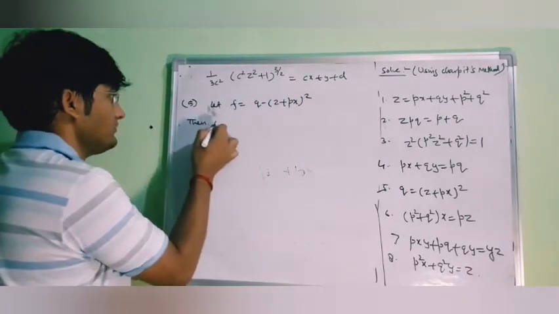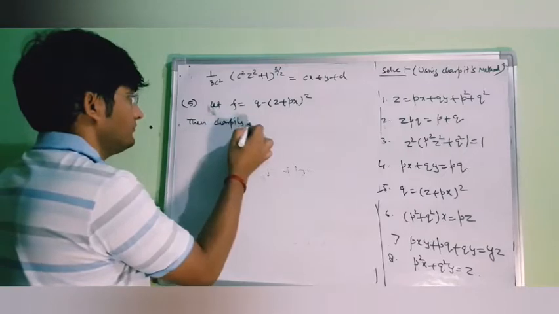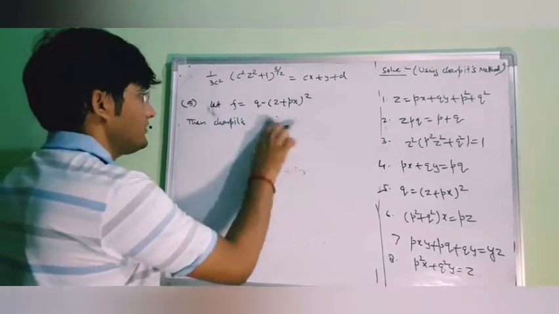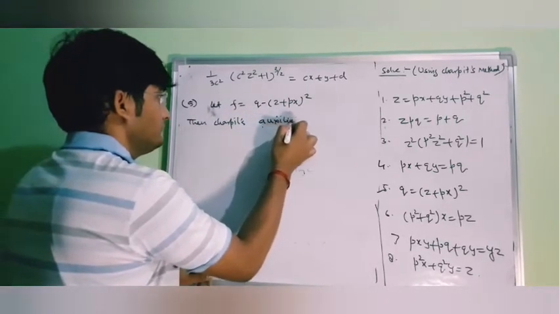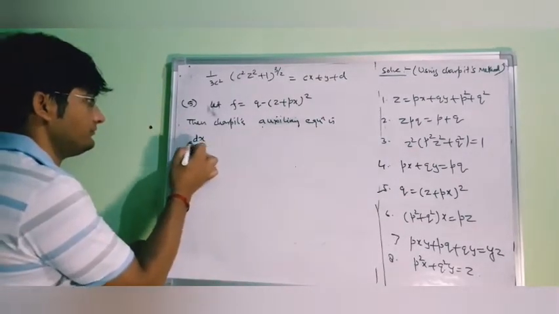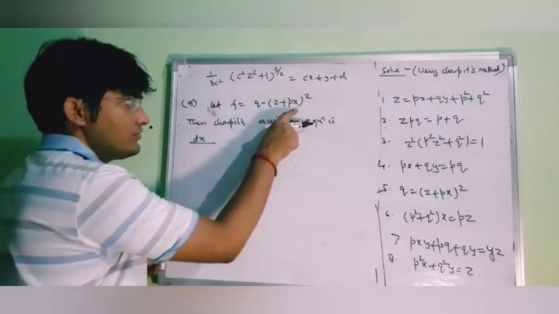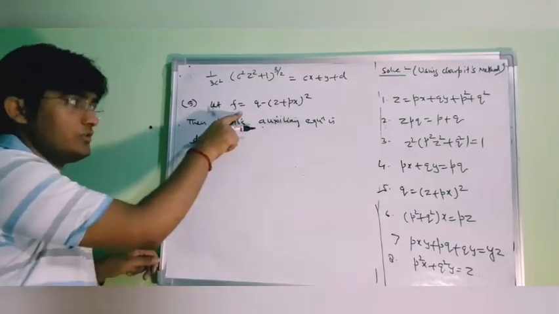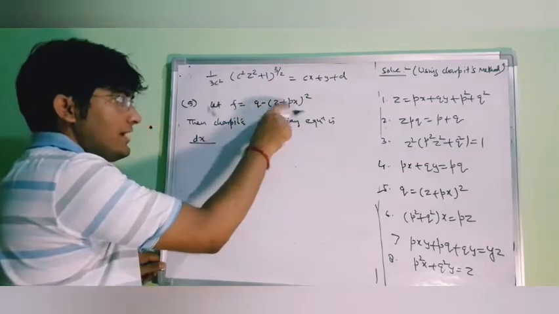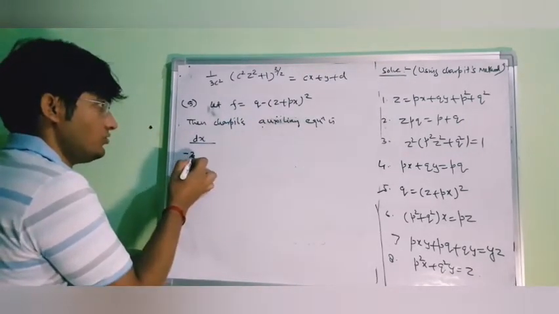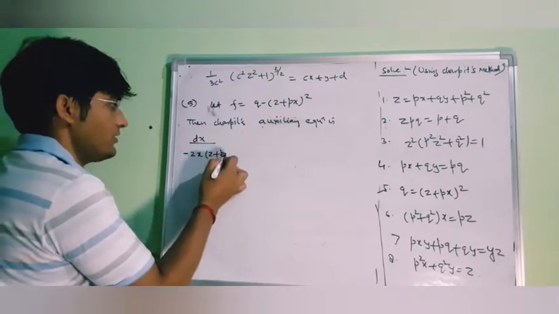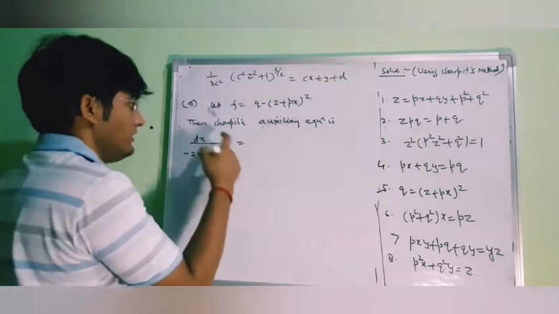Then Charpit's auxiliary equation is dx upon fp, and you can see that the differentiation of this term f with respect to p will be 2 times, and the differentiation of p will be x. So this will be 2 times x into z plus px, and this is equal to dx upon fp.